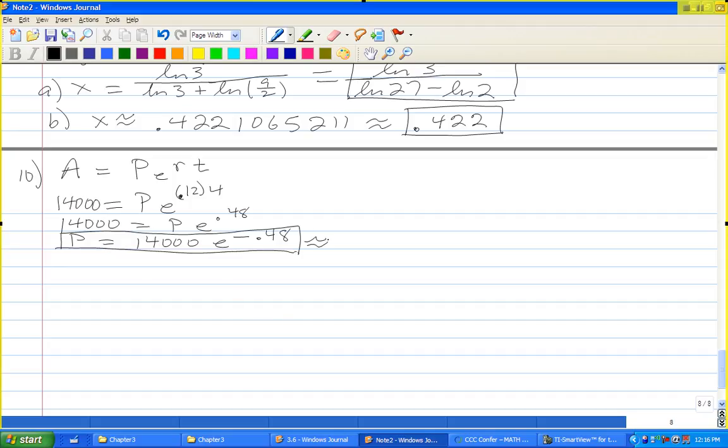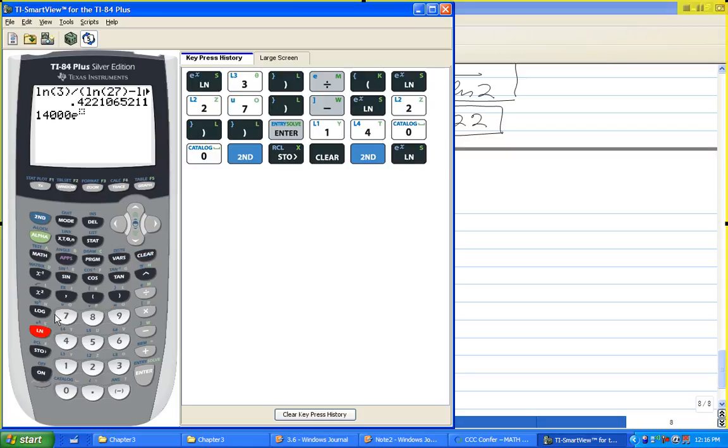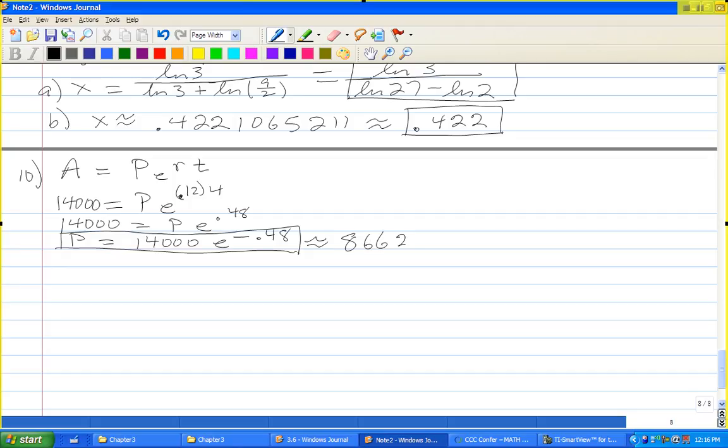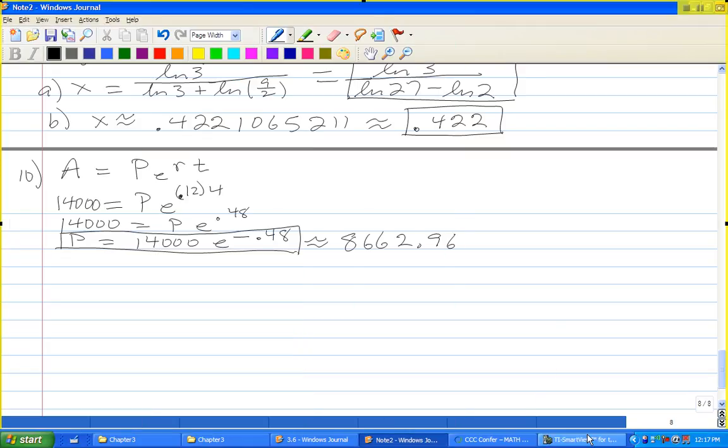And so let's see how many dollars this is. 14,000 times e to the negative 0.48. 8662.967485.